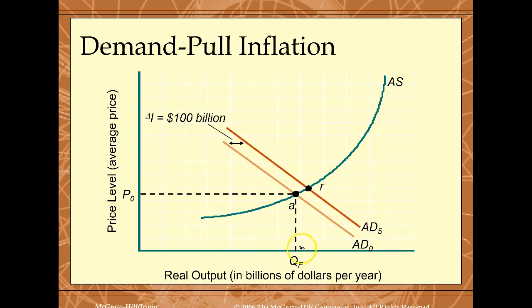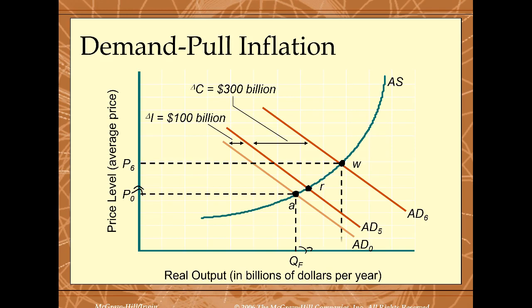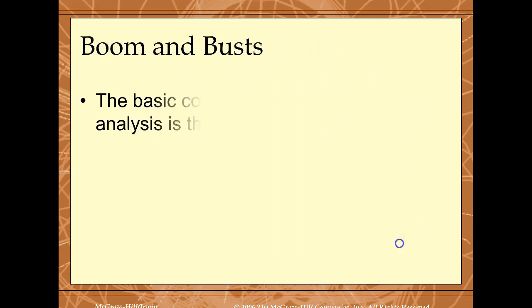See, output is increasing, but you also get higher prices. Prices start to go up. And that continues as the demand curve shifts to the right. So the price that you pay for more output is higher prices in this case.